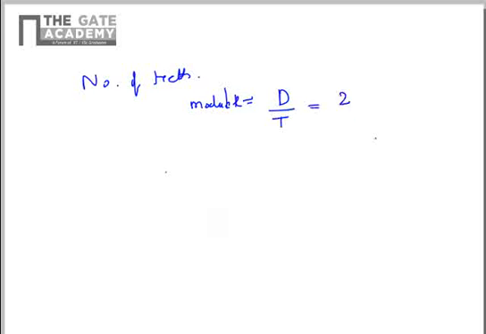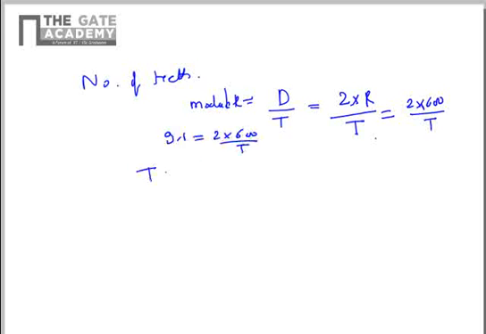Now for the second part, the number of teeth is asked. This is pretty much straightforward once you know the module. You know that module is equal to diameter divided by number of teeth. The diameter is equal to 2 into R, the radius of the pitch circle of the wheel, divided by T. So 2 into 600 divided by the number of teeth that has to be determined, and the module we know as 9.1.